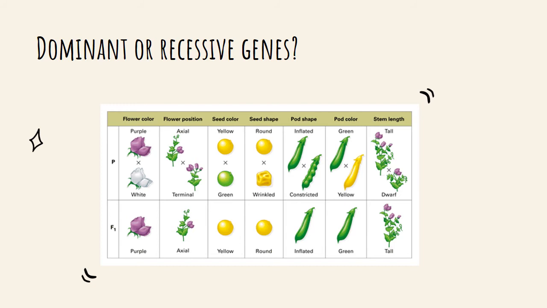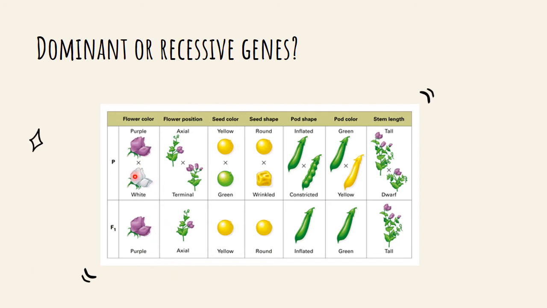Our genes can be categorized into either dominant or recessive genes. So to make it easy to understand, dominant is stronger compared to the recessive genes, which is a weaker gene. So here is an example of a plant.